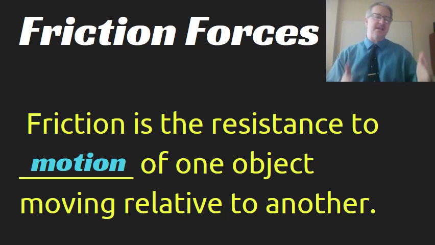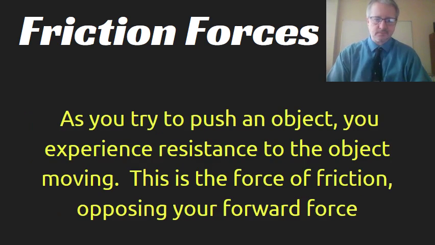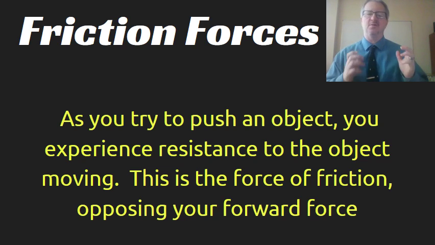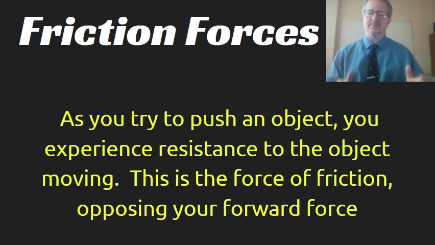So a box on a table or a box on a floor isn't going to move because of the friction unless a net force is applied to it to make it move in the direction of the greater force. So when you're trying to push an object and you feel this resistance to the object that you're trying to move, this is what we call friction.